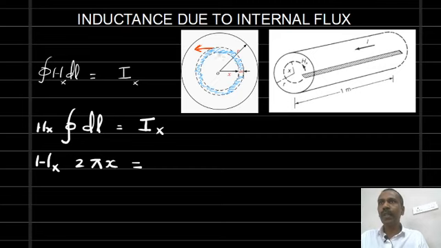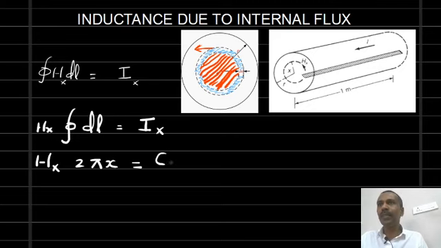This is not the total current because we are considering only a portion of the conductor. This is the current enclosed by the path. What is the current flowing through this area which is marked with the red lines? This is not equal to I, it is less than the total current I amperes. How we can find out the current flowing through this small area?